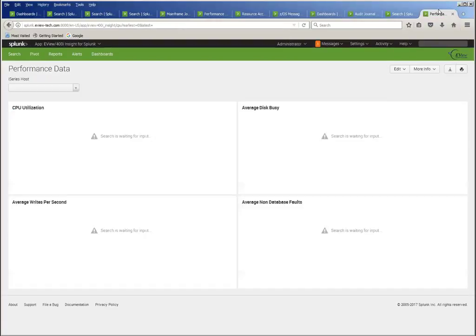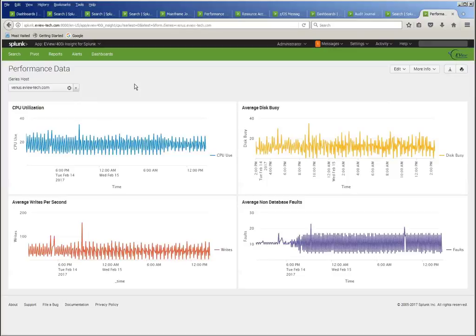And then the last area for the iSeries is the performance data. So here's a dashboard looking at performance data, some of the different metrics that are collected. This is just a sample of a number of different types of metrics collected here.